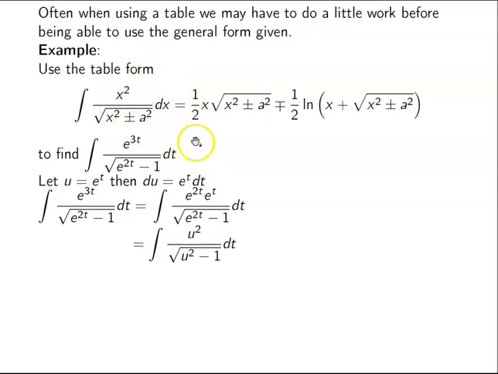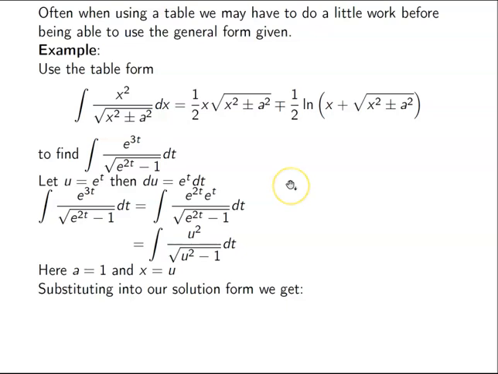Now I'll just replace all of my x's with u's and all of my a's with 1's. Since this is a minus, this will turn into a plus. So here a is 1, x is u. Let's substitute everything in. I have 1/2 times u, square root of u squared plus or minus 1.